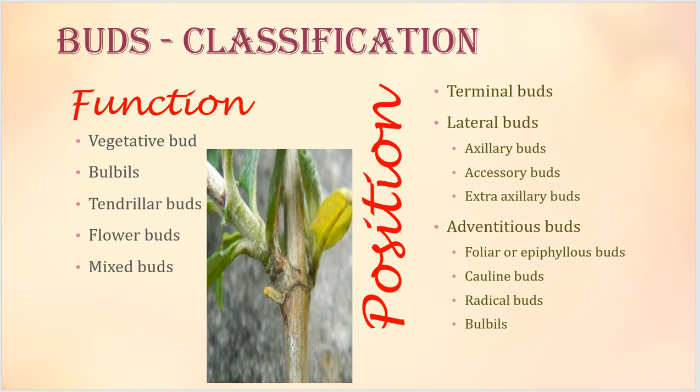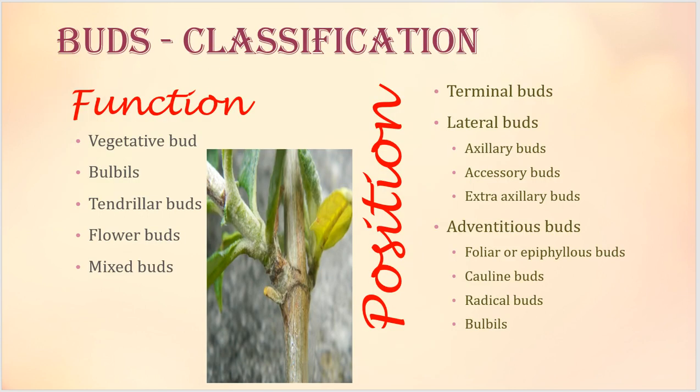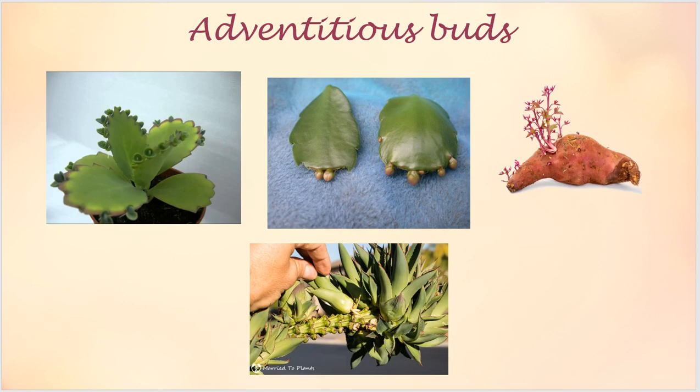And the next one, radical bud, that is for the buds which are on the roots. Sweet potato is the best example for that. The buds which are produced on the sweet potato on root. And the next example, bulbil. Bulbil is the reproductive structure, a bud-like structure which is able to produce the entire new organism.